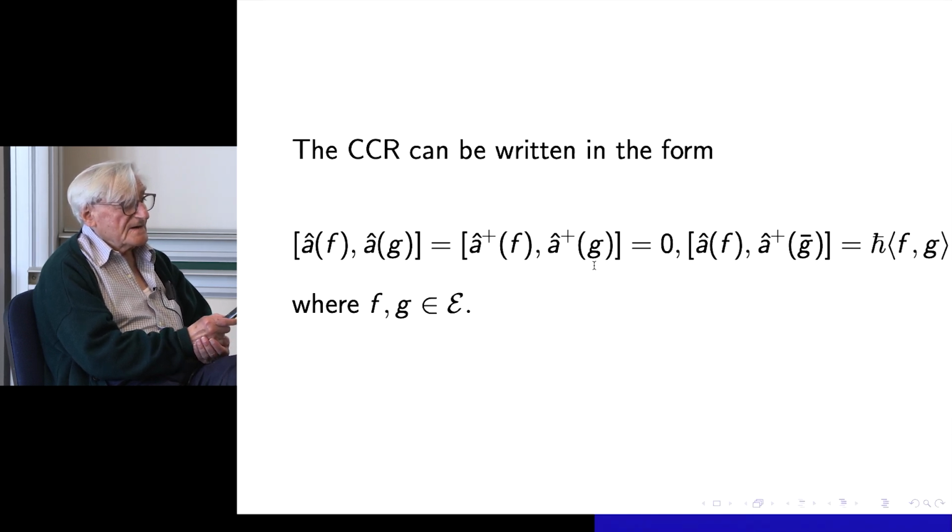So you have two operators A commute, two operators A star commute, and the commutator of AF and A star G is a number that is linear with respect to F and G, so it can be considered as an inner product in some space.